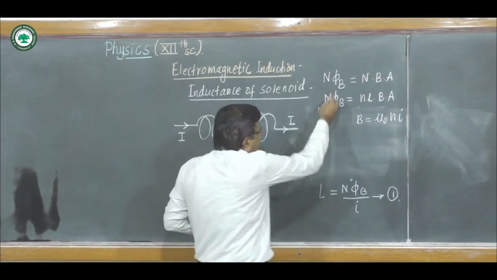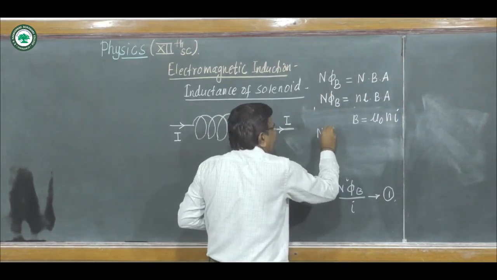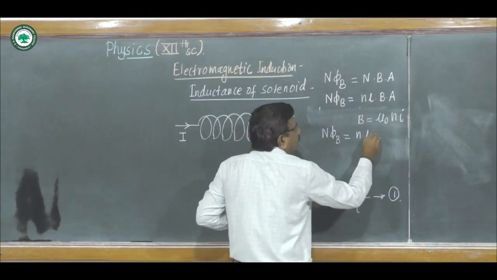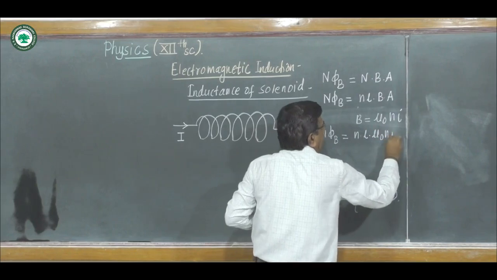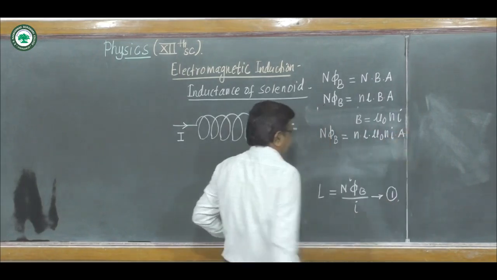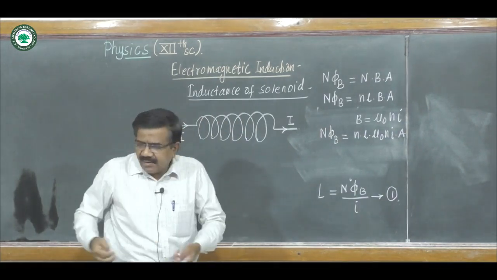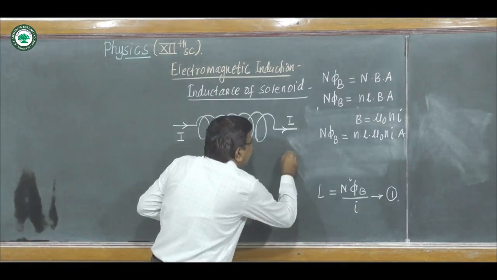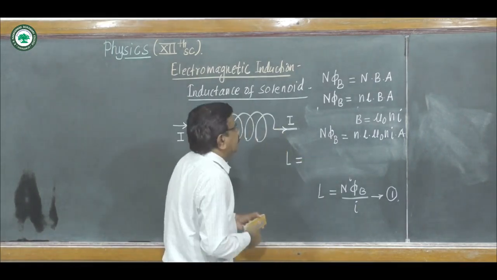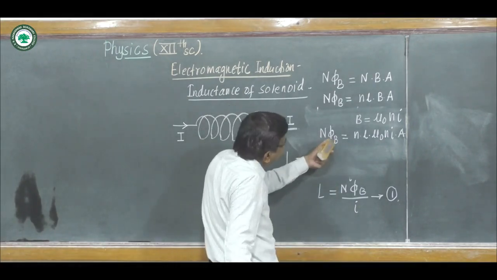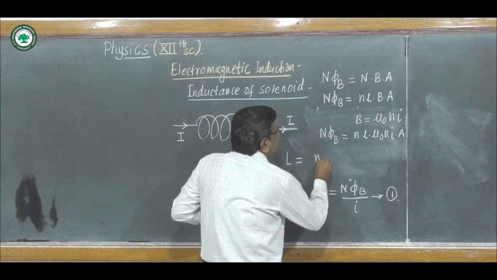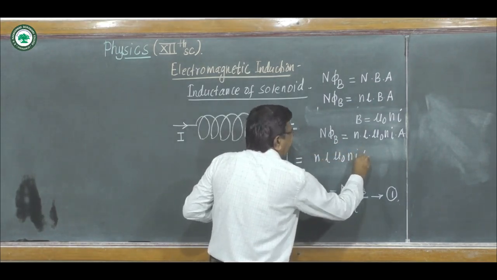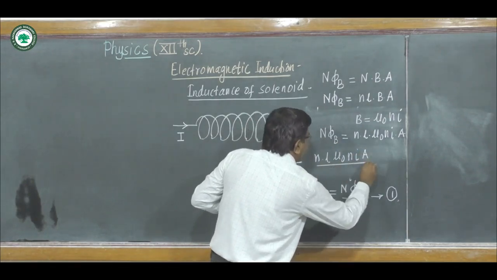Hence, we write this flux linkage N phi B as nl into mu 0 n i into A. Hence, our equation 1 becomes, inductance L is equal to, substituting the value of N phi B as n l mu 0 n i A upon I.